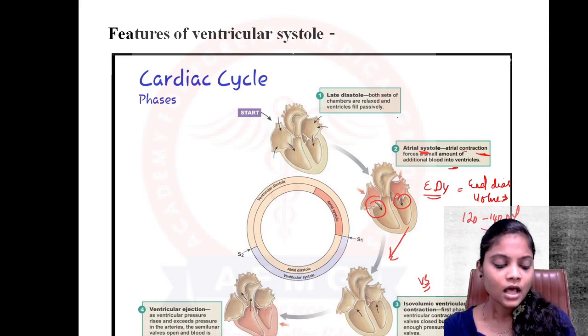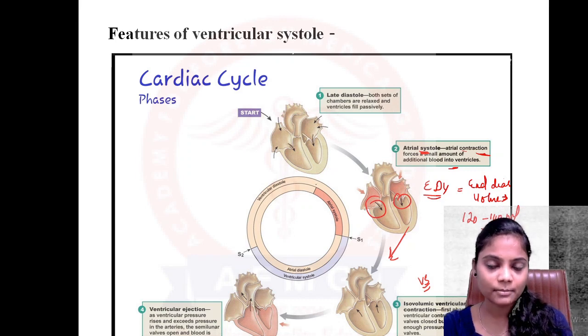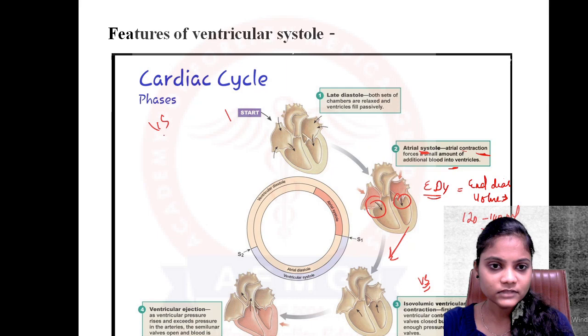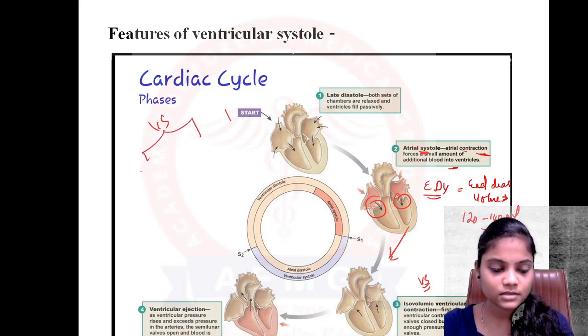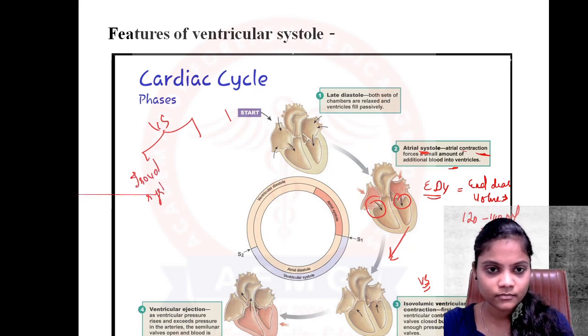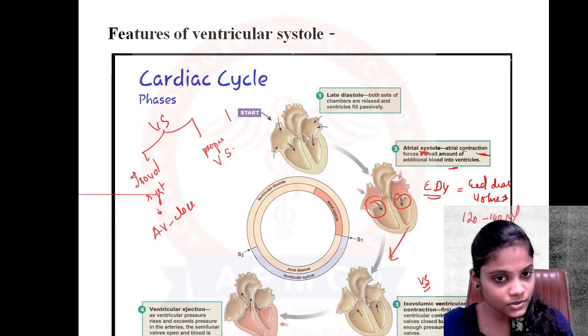Apart from this, first there will be two phases in your ventricular systole, that is isovolumetric systole and the proper ventricular systole. In this, there will be closure of the AV valve. So the AV valve gets closed.